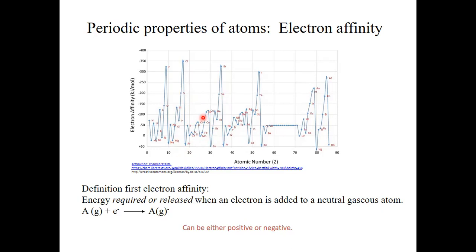All right. So the last periodic property that I wanted to, yes, question. Just to clarify, would a greater electron affinity be more negative or more positive? Like if you say something has a greater electron affinity. Yeah, as I said before, there's a confusion with the algebraic sign. When we talk about affinity, we mean that a positive affinity is always something which attracts something, and that was the original definition of electron affinity.